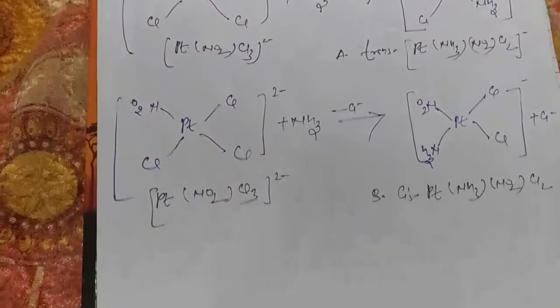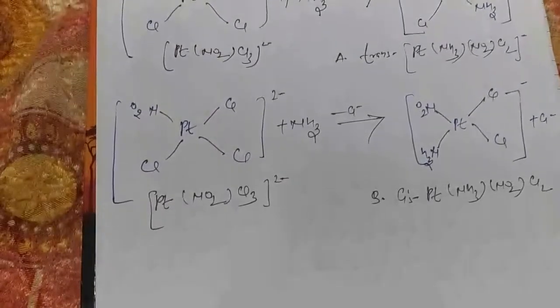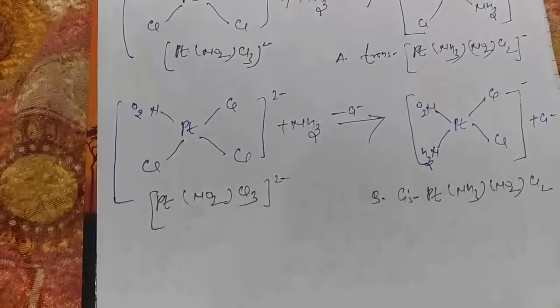Chloride ion lying trans to NO2 is far more easily replaced by NH3.